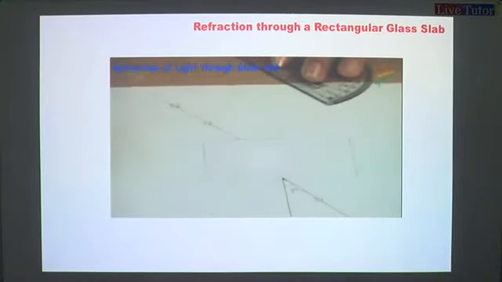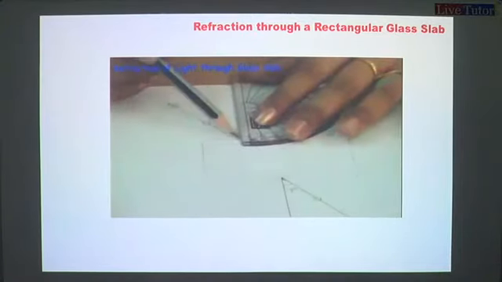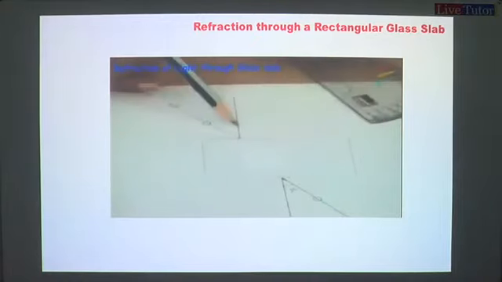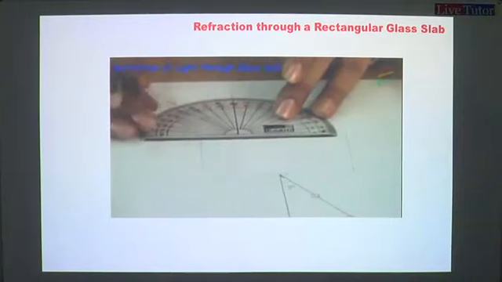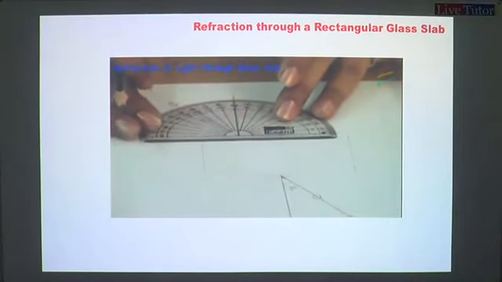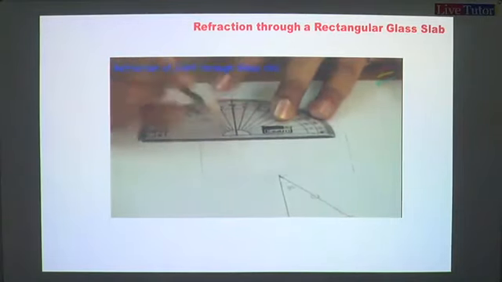The line is a straight line, and if we measure the angle subtended by this line, we observe that the angle is approximately 30 degrees.